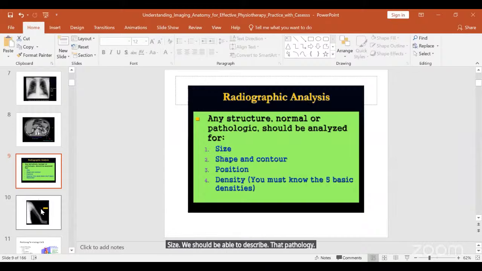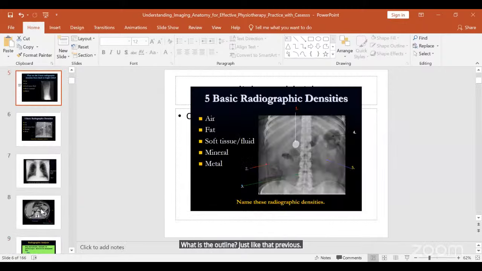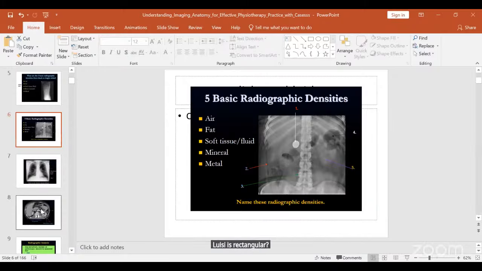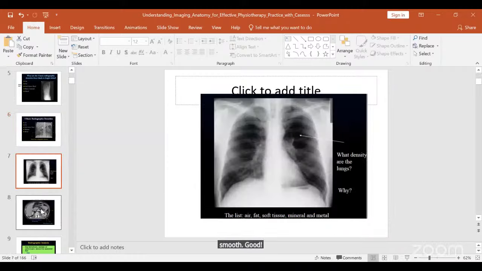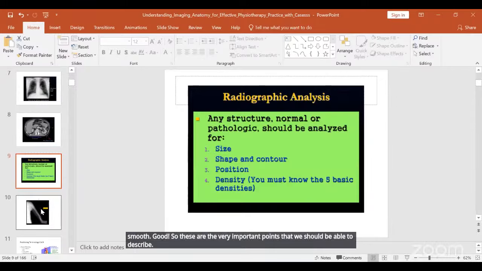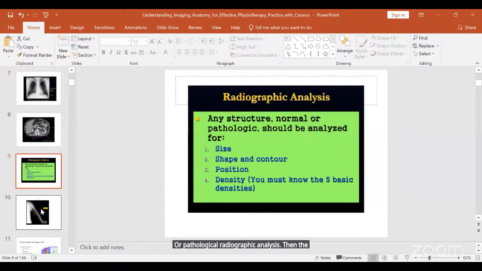What is the shape? What is the outline? Just like that previous coin that this baby swallowed, do we say it's rectangular? It's circular. And we should be able to talk about the margin of this circular pathology. Is it irregular, rough, or smooth? It's smooth and regular. Good. So these are the very important points that we should be able to describe in pathological radiographic analysis. Then the position, very important.